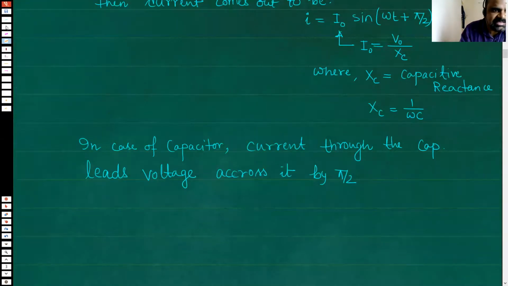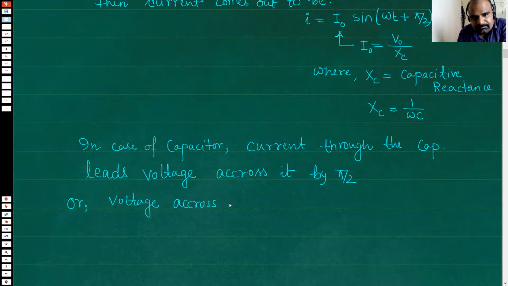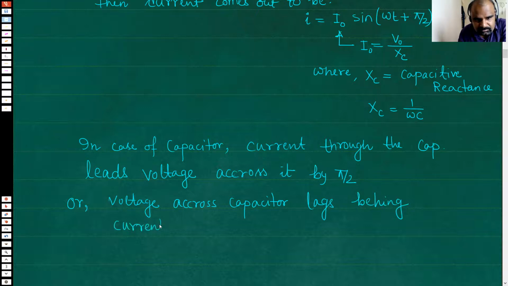Or the same statement, I can write it like this, or we can say that voltage across the capacitor lags behind current through it by pi by 2.